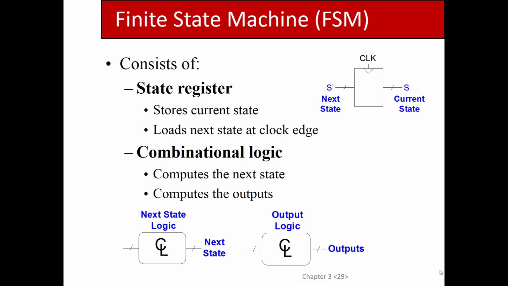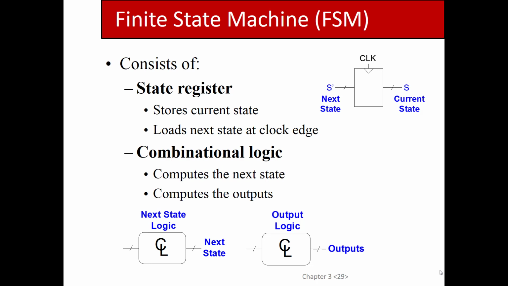And then you've got output logic, which is also purely combinational logic. That generates the outputs of the state machine as a Boolean function of the current state, right? And optionally, the inputs. But that depends on what style of state machine you want to create. There's two styles, Mealy and Moore, and I'll get into that in a minute. So, three components.